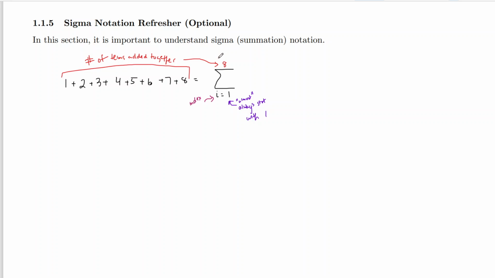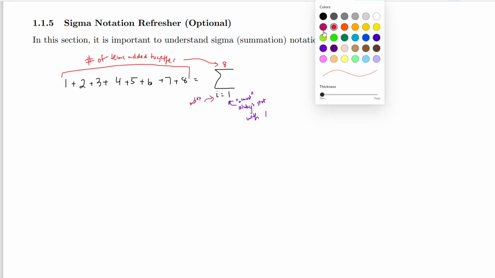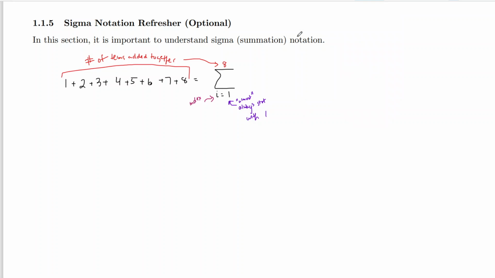Once again, I'll do a very quick example after this just to show you how you always start with 1, and this may not match the number here, and that's fine. Then what you put inside is the formula, or the pattern, of what's going on here. So this is i equals 1. This is at i equals 2. This is the i equals 3 term. It's sort of like pattern recognition, just like you do with sequences, if you're familiar with those.